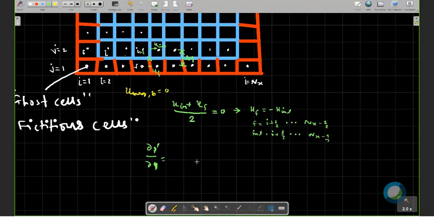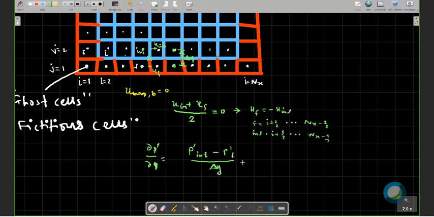We write p prime interior minus p prime f, the value at this point minus the value at this point, divided by the distance between them.